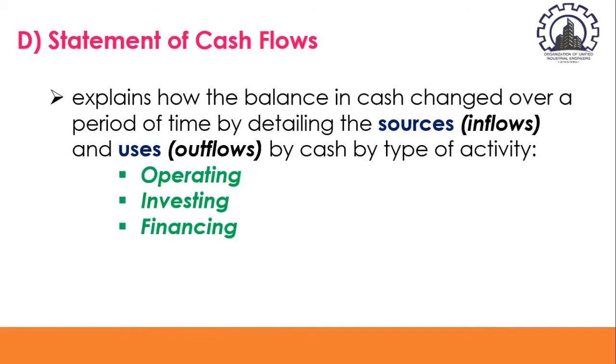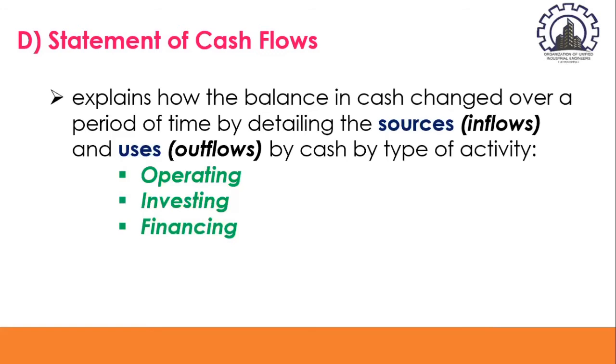Now, in the statement of cash flows, there are three different activities that we should always remember. First, we have the operating activity. Second, we have the investing activity. And finally, we have the financing activity.